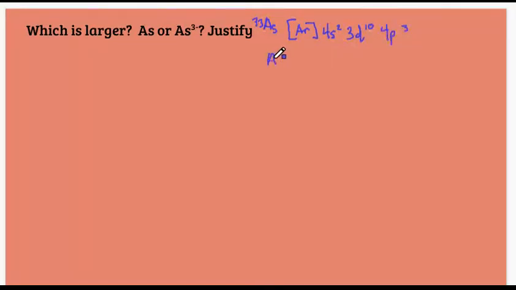Now, arsenide is a -3 charge. That means it's gained 3 electrons. It's going to be the same as arsenic, but with 3 extra electrons. So it'll be like krypton.